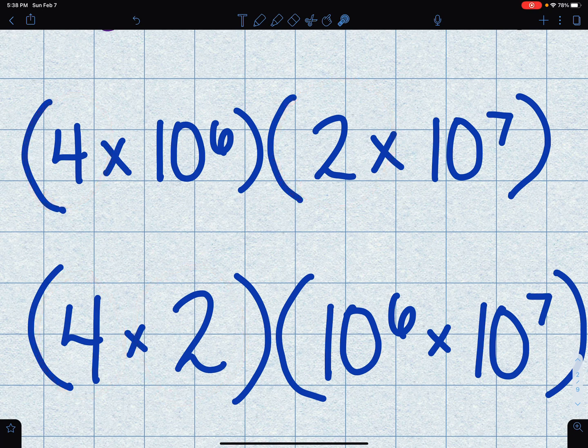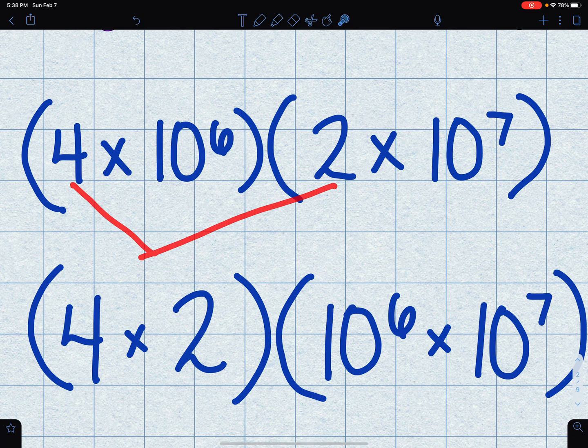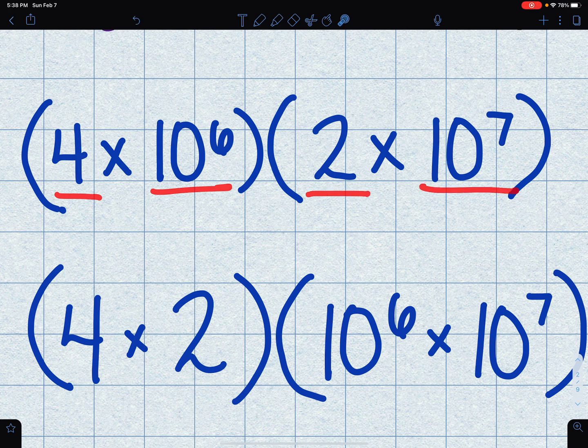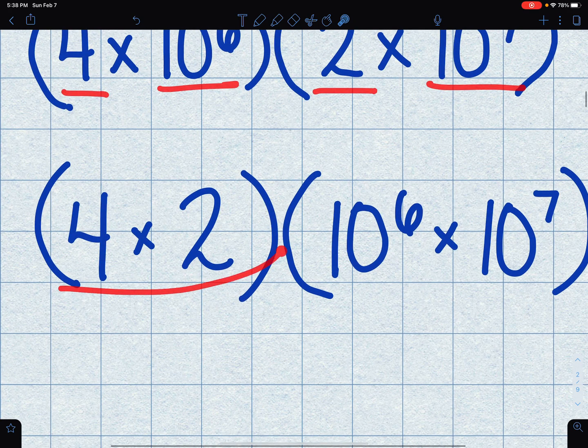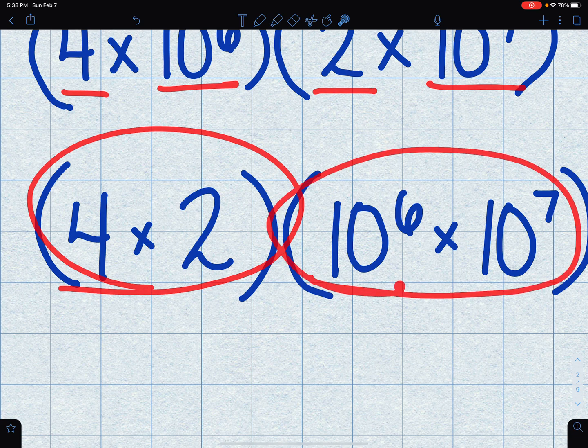This is the same as 4 times 2, okay? And then you multiply the tens part in the next parentheses, because you can do that. Commutative property of multiplication, it doesn't matter which order you do it in, right? So just pull out the 4 and the 2 and do 4 times 2 here and 10 to the 6th times 10 to the 7th here.